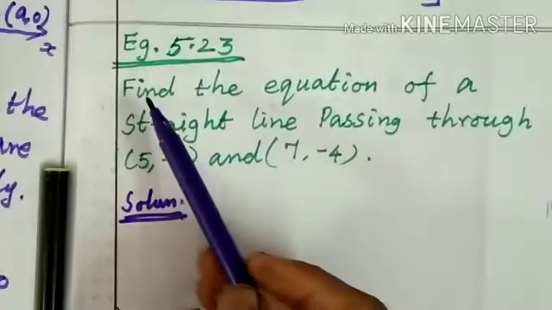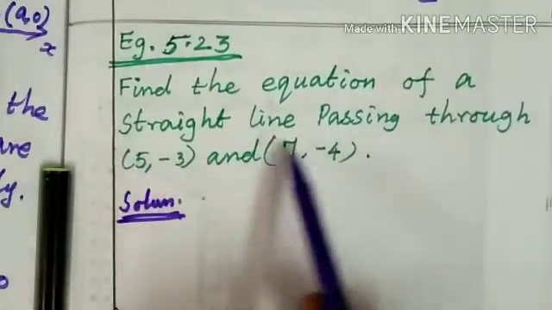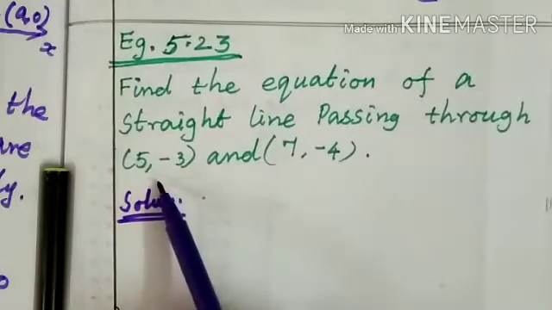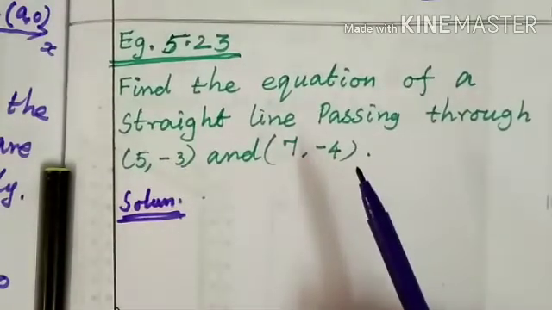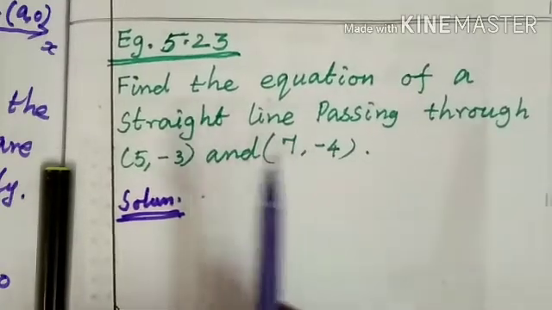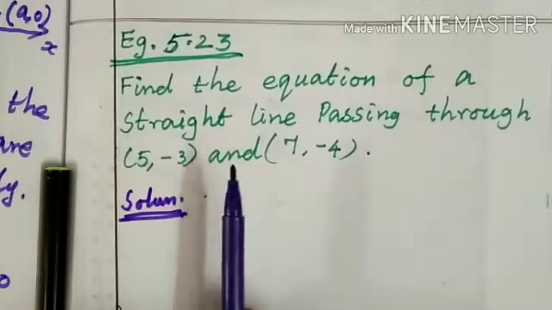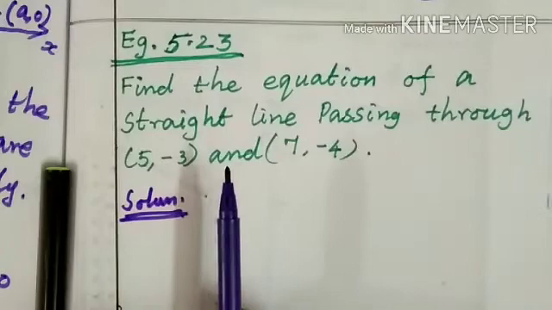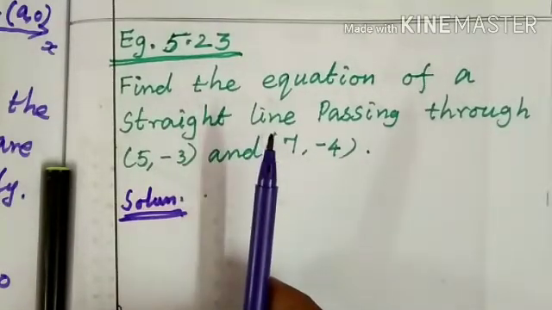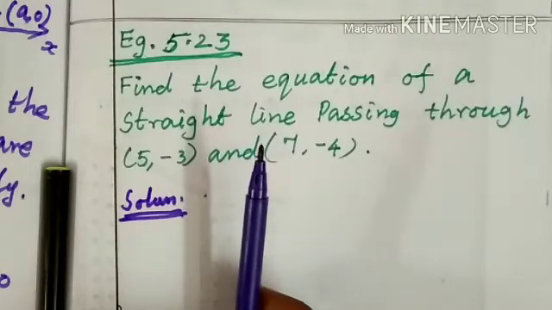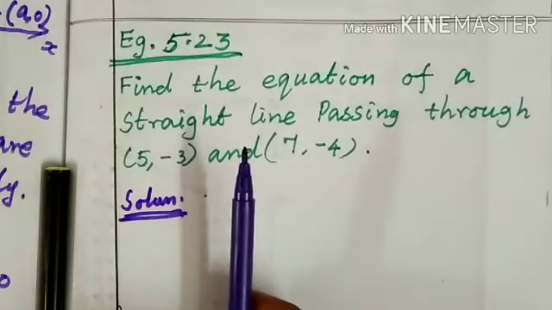See the question. Find the equation of a straight line passing through the points 5, minus 3 and 7, minus 4. A line passing through the points is given. We have to find the equation of the straight line. Then which formula do we have to apply?